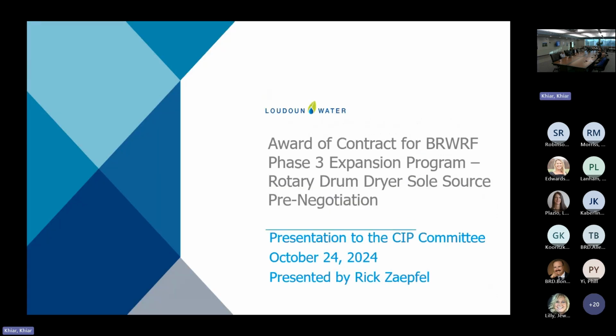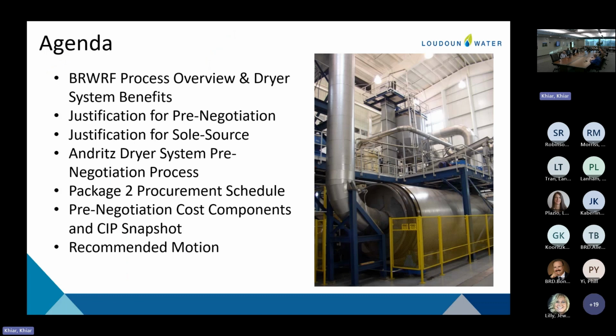All right, good morning. I'm Rick Zafel, and I'll be requesting this authorization to award the contract this morning. So my agenda for this morning, we're going to talk a little bit about the Broad Run process overview and the benefits of a thermal dryer system. Then we'll go over justification for using the pre-negotiation and a sole source as well in this procurement effort.